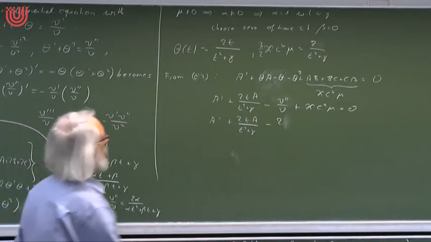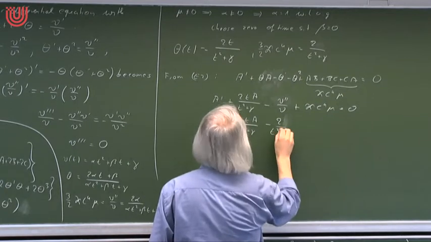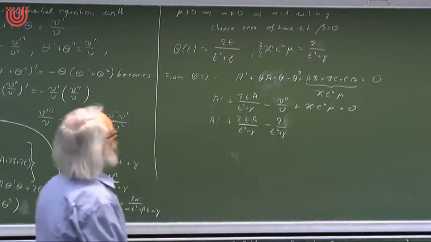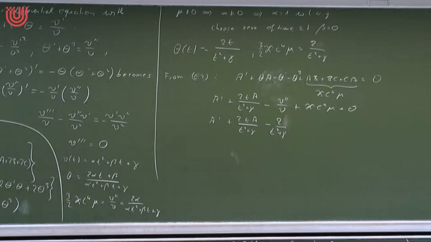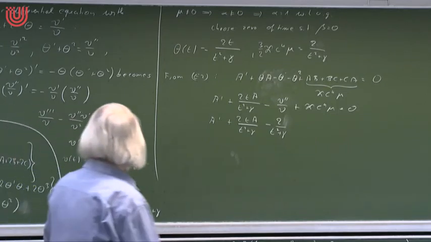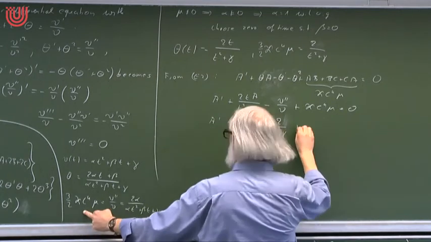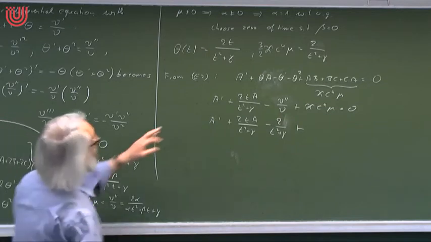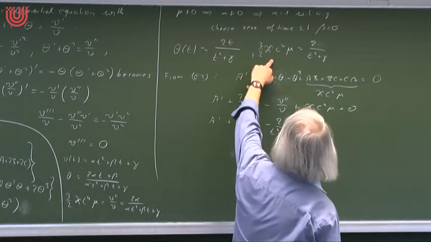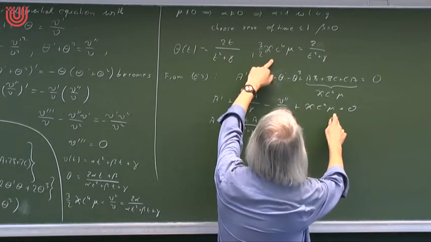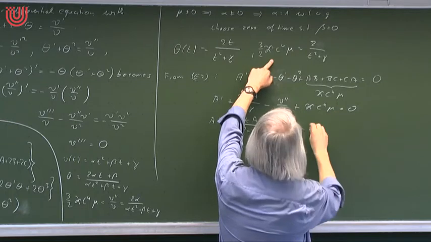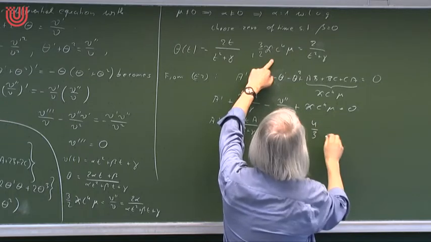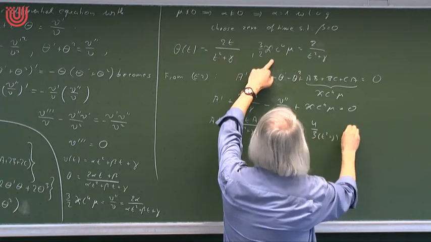And in the denominator I have t squared plus gamma. Yes, and kappa C to the 4 mu is 4/3 over t squared plus gamma, is 0.